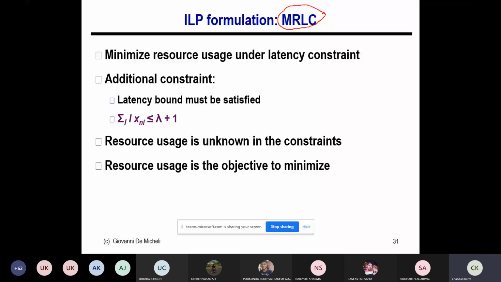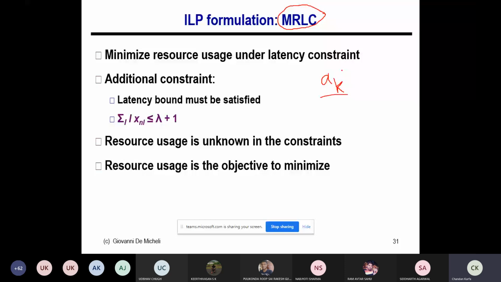So even in this case, what is not known is that A_k, the resource bound, is not known to me. I want to find that value. This is not given, but lambda is given. In the previous solution, although for a particular ILP formulation lambda is given, I actually assumed a value of lambda, but that is not given.